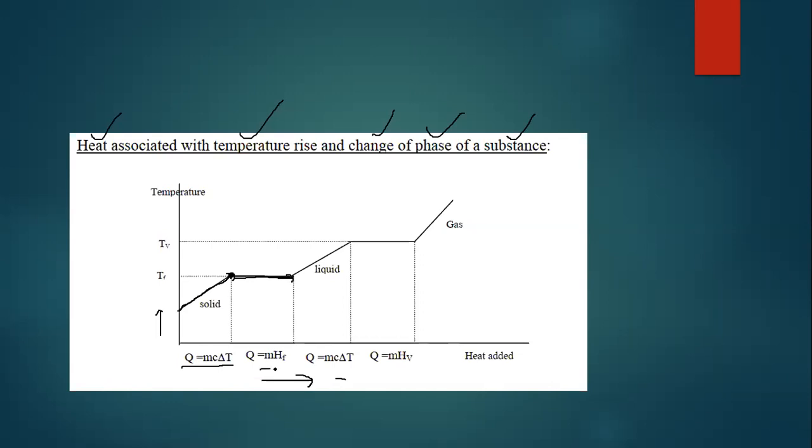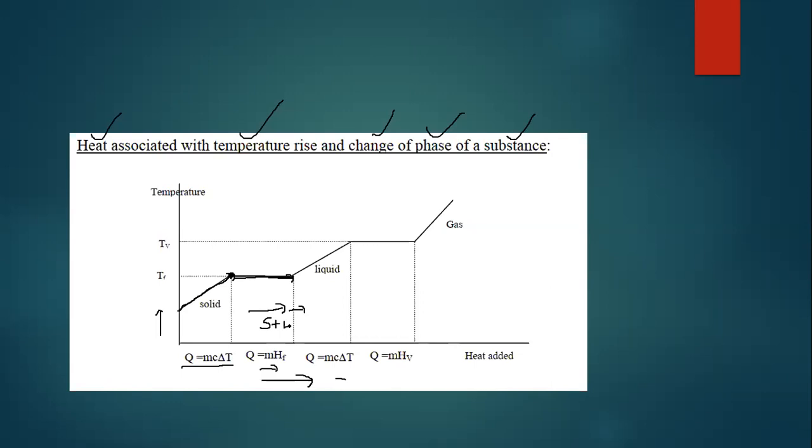We are continuing to add heat. And here heat will be absorbed in the form of fusion, which will change the state from solid. So this is where solid is now changing to liquid. In this state, we have a mixture of solid plus liquid.